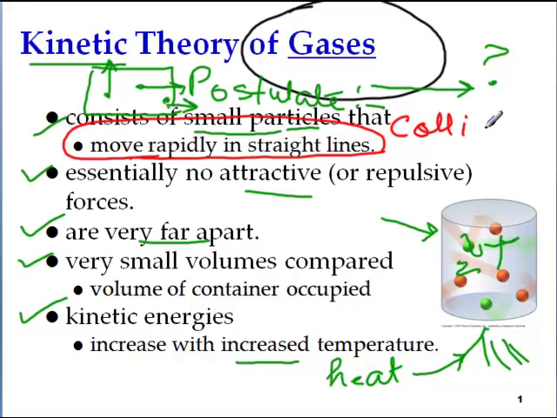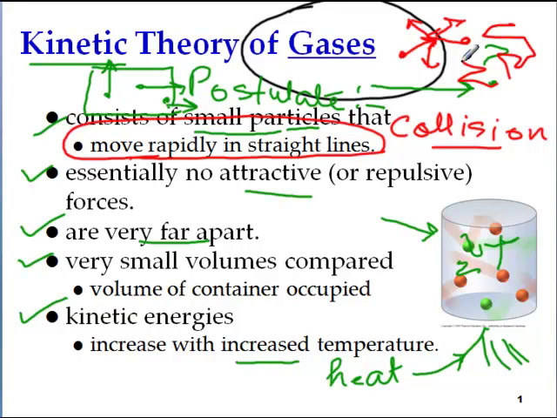With collision, it will result in a path in which, if this was a particle and there was another particle over here, each particle would go straight, and maybe this particle would go here, collide, and then go in this direction and in this direction. So there would be a random movement of particles in a zigzag pattern. So based on the kinetic theory of gases, the first statement is not true. However, the other statements are pretty much true.